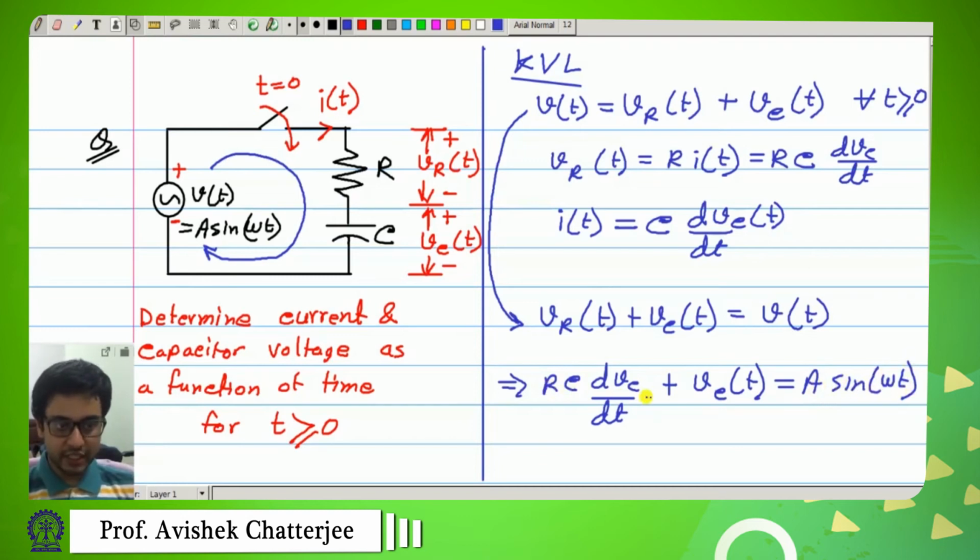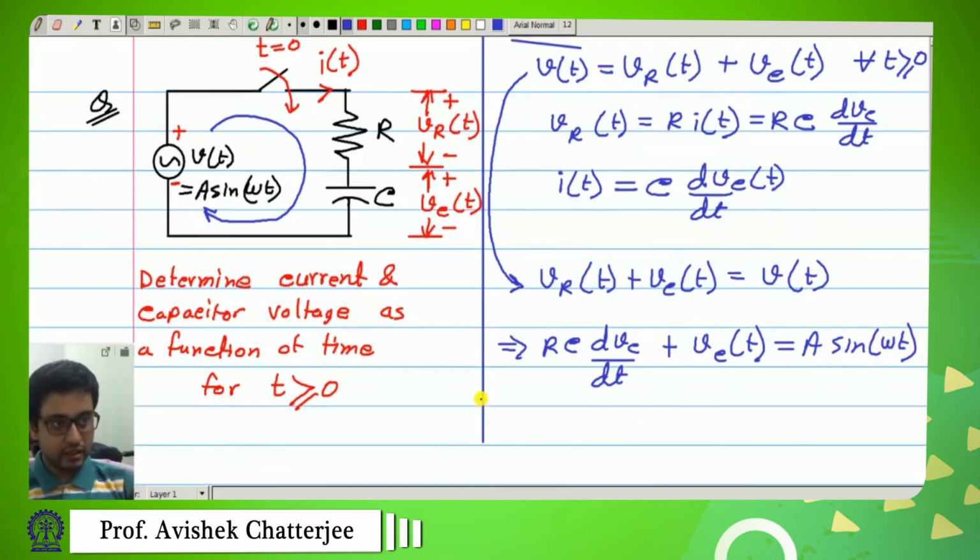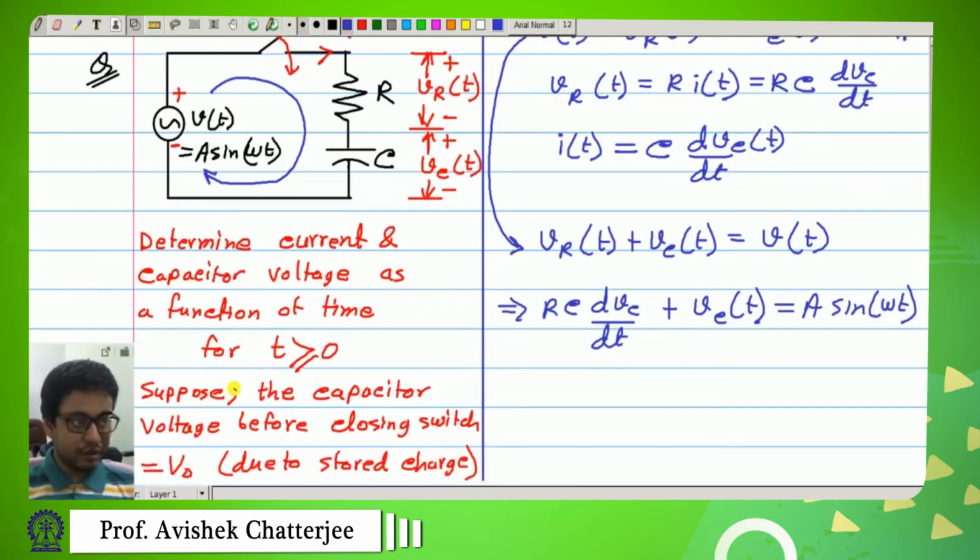So this is a differential equation where you can consider this capacitor voltage as the output and this voltage as the input, and we need some initial condition. Suppose the given initial condition is that the capacitor voltage before closing this switch was V0, some constant value given, due to the stored charge in the capacitor.